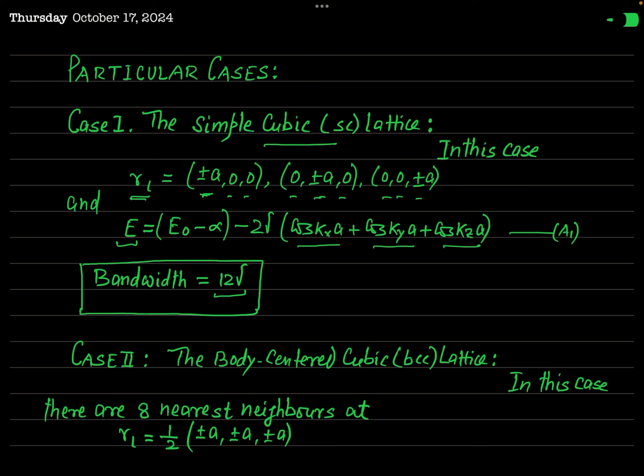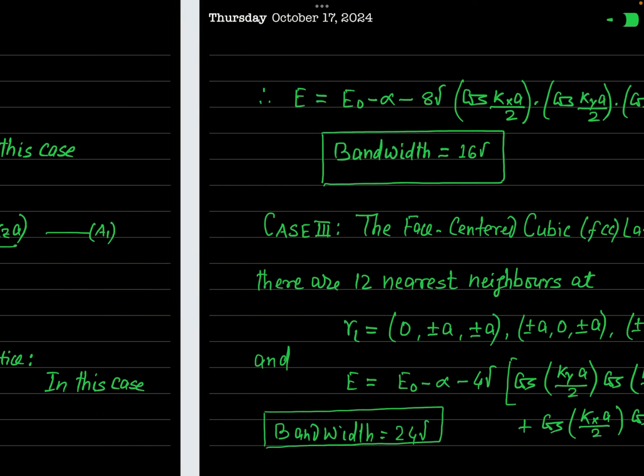Now, if you talk about the body-centered cubic lattice, that is the BCC lattice, in this condition R_L is given as 1 over 2 of (plus minus a, plus minus a, plus minus a).